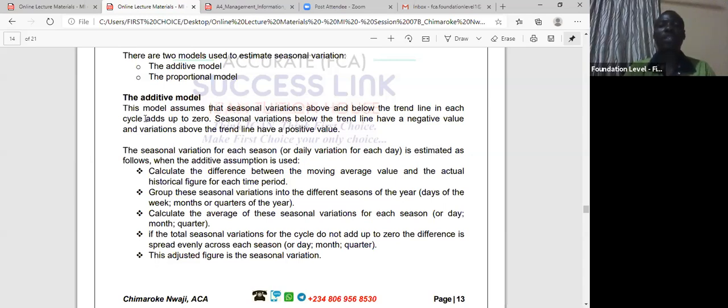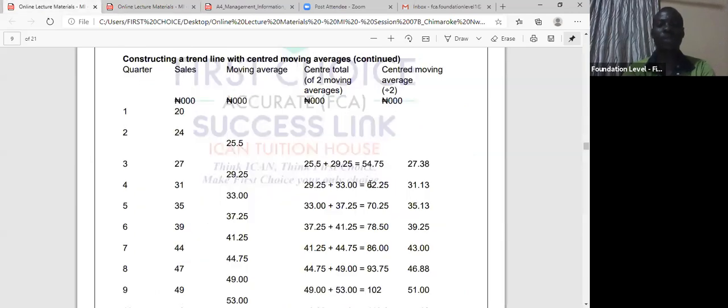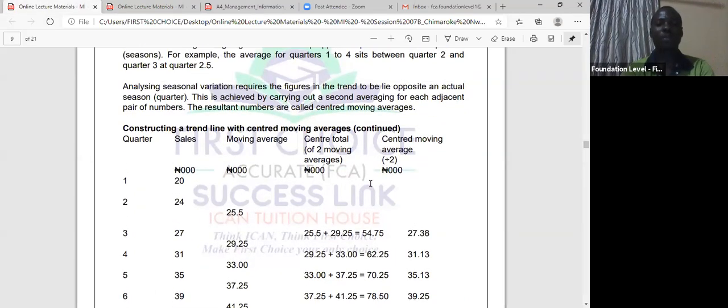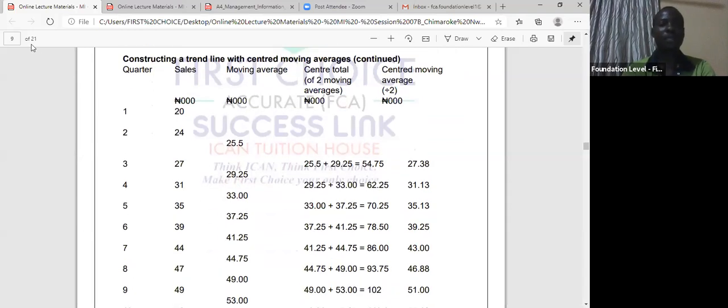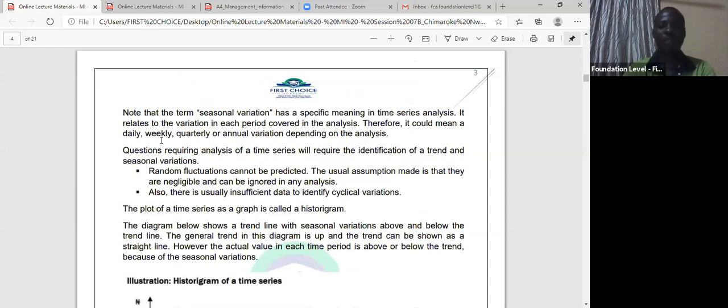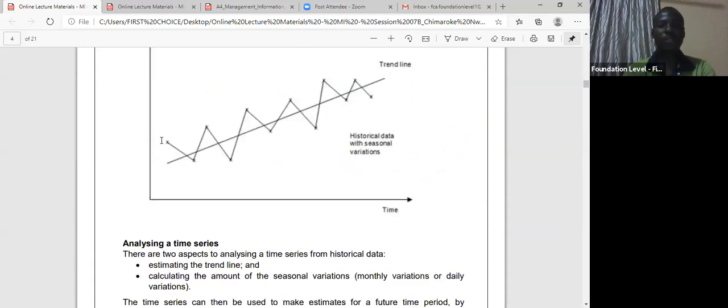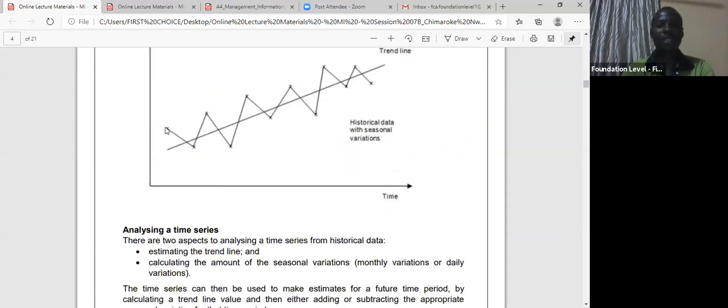Because it's a cycle, let me illustrate now. Okay, this is page 9. Let me go to page 4. I'll come back to page 9. Okay, page 4. So you can see that it comes here, goes up, comes, goes up, comes, goes up, comes.